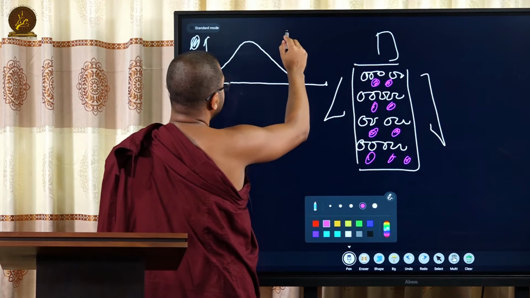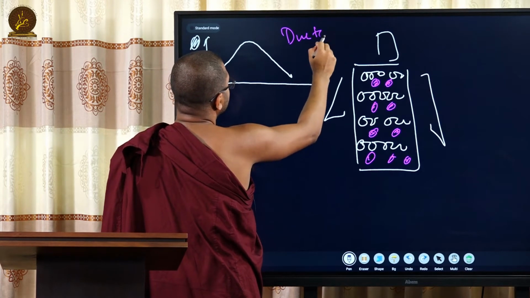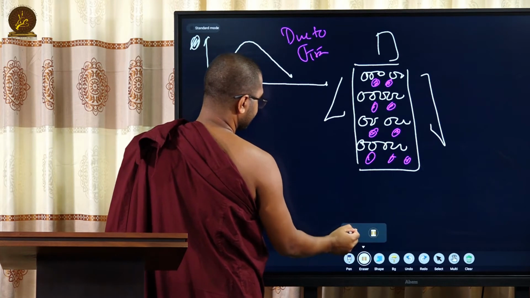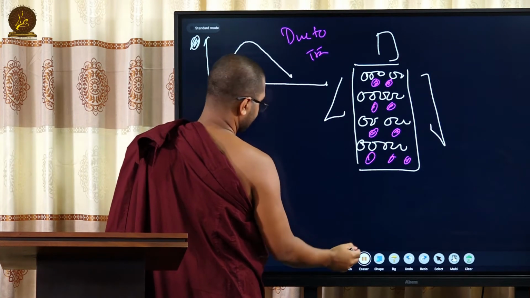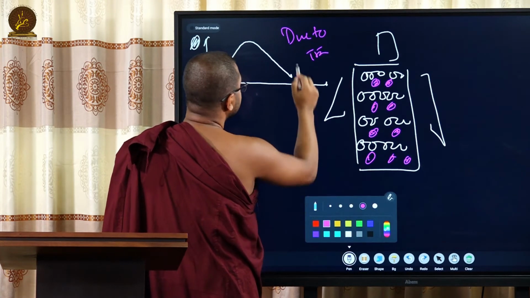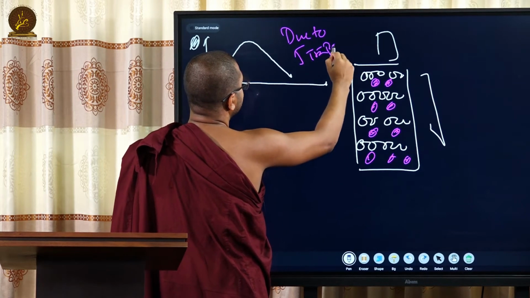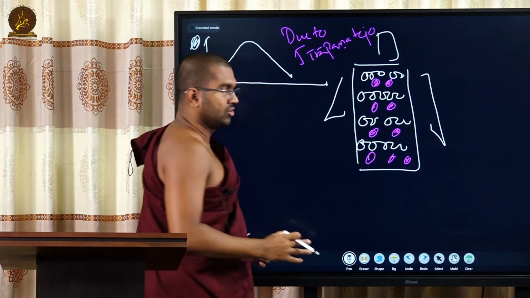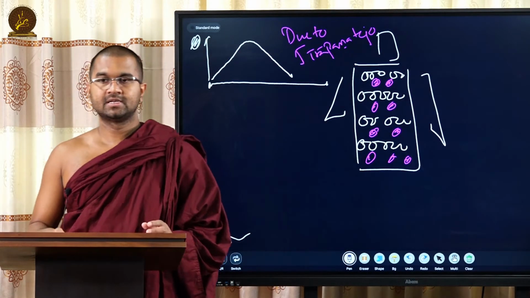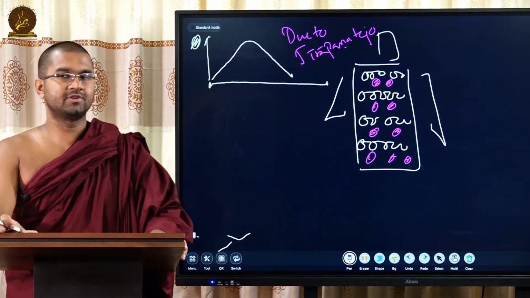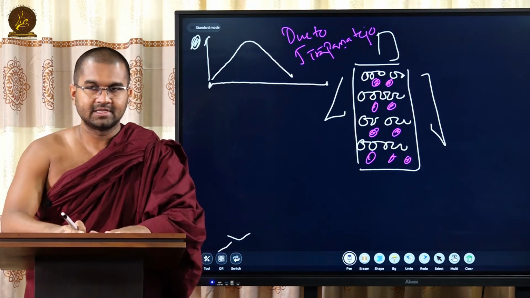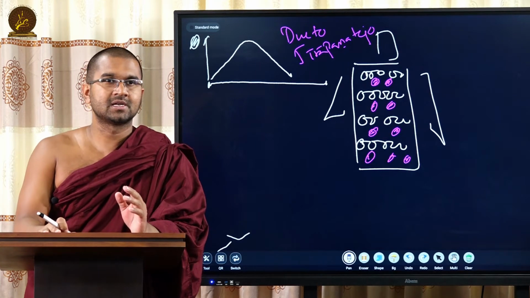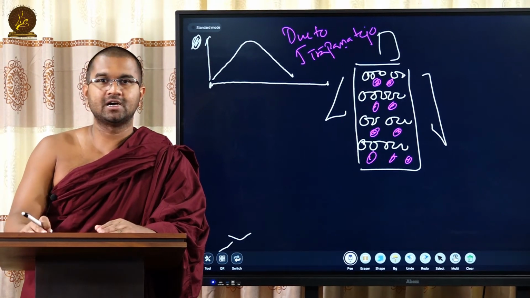This is done due to Jirapana Tejo. Jirapana Tejo is constituted with that specific element, with 4 types of Kalapas: Kammaja, Chittaja, Utuja and Aharaja.